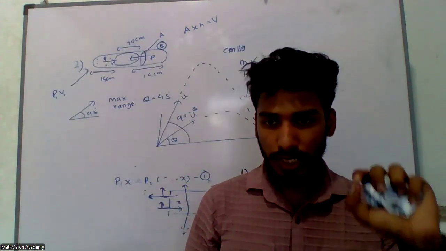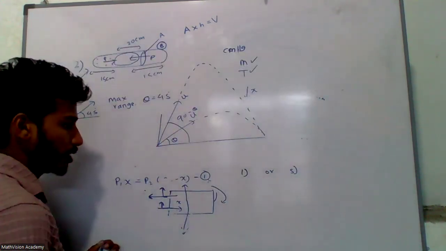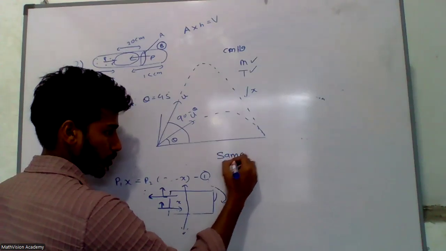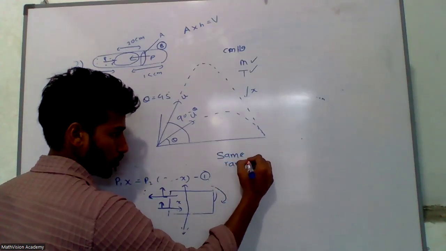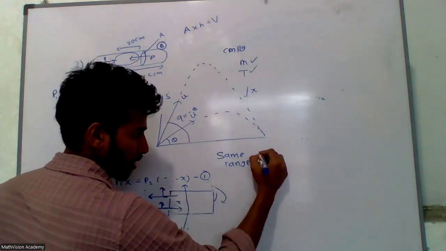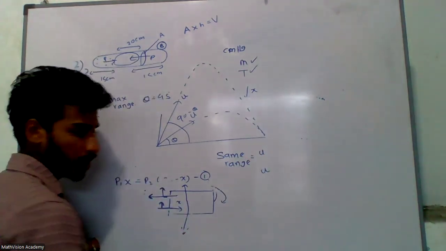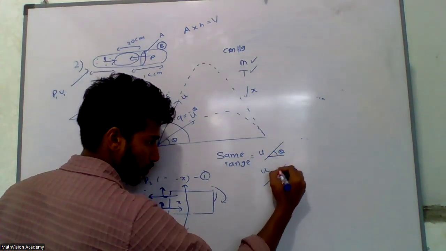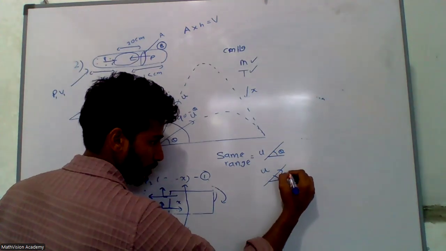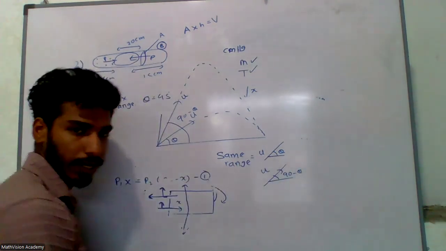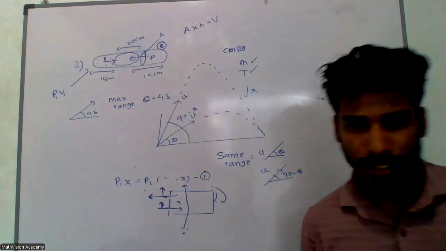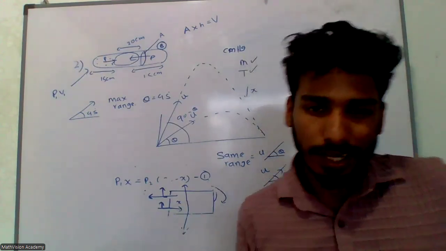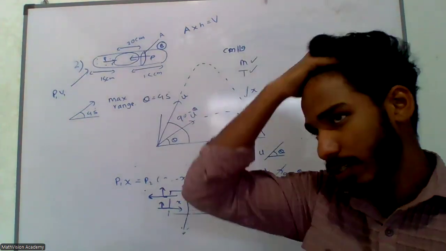Okay. So the condition for same range is that the same velocities have to be present. If it is projected with theta, the other has to be projected with 90 minus theta. Okay. So just remember these two conditions. It will be helpful for your exam, because they might not tell you the angle, they will just give you this information.